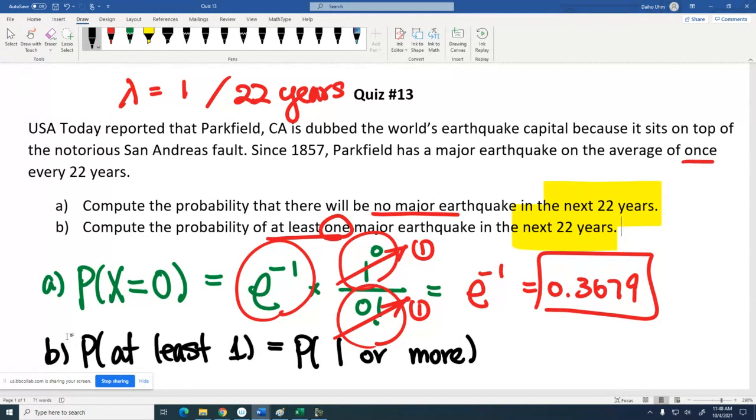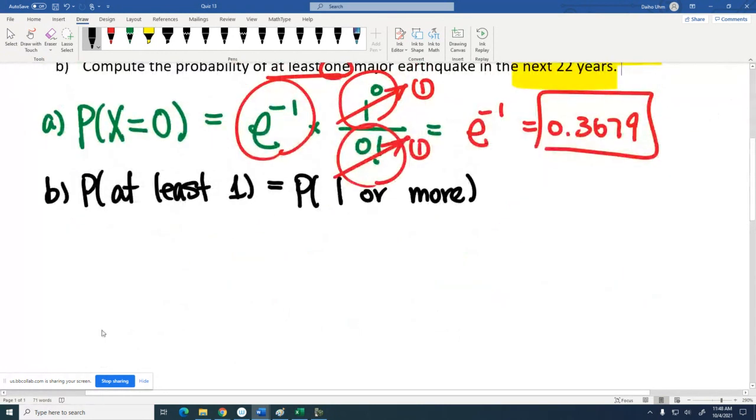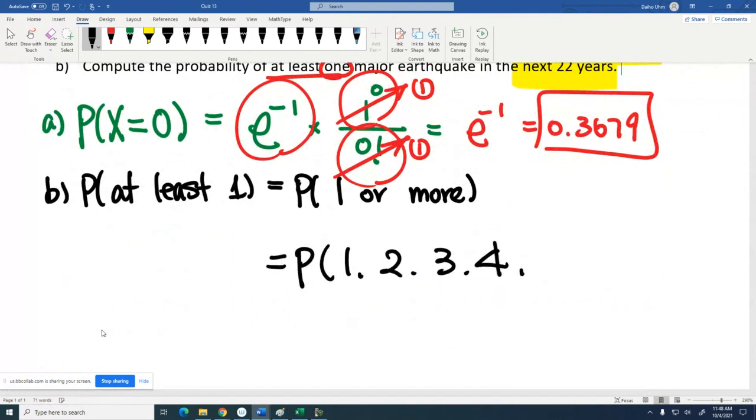At least. You know, at most was the other one, or less. But now, at least 21 is 1 or more. Okay? So, absolutely, it must be 1, 2, 3, 4.